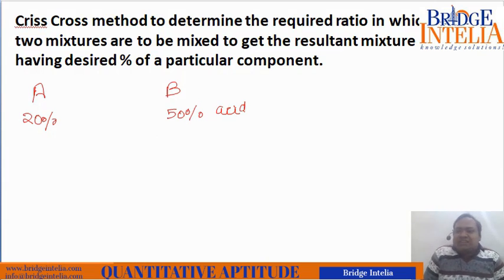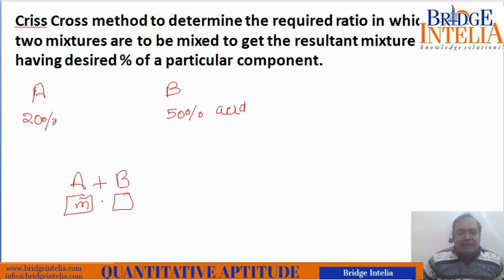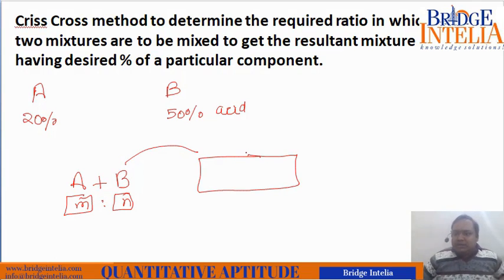You are thinking, in what ratio should I mix these two so that when I mix A and B in a certain ratio of m is to n, the outcome will be a completely new solution in which the acid is 25%.